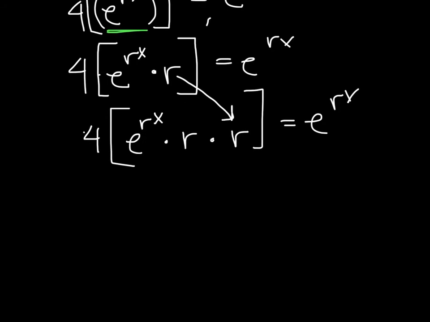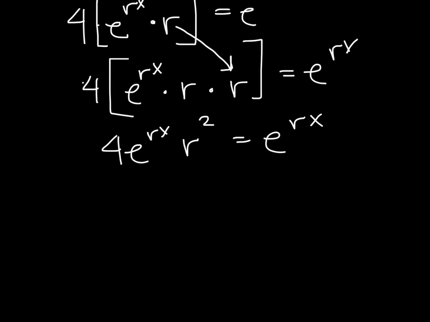Now let's just simplify a little. So we have 4e to the rx, r squared equals e to the rx. And I'm going to go ahead and bring over my e to the rx to the left-hand side.